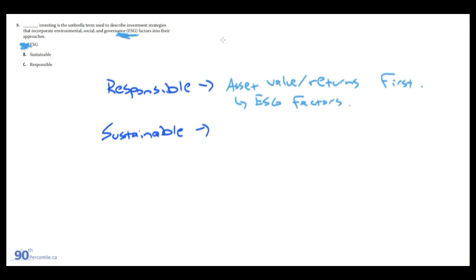But at the end of the day, the asset value and returns are going to come first. The way I like to think about it is that in responsible investing, ESG factors are icing on the cake, if you will. Whereas sustainable investing essentially goes out of its way to look for ESG focused companies that can provide returns, but the ESG comes first before the returns.